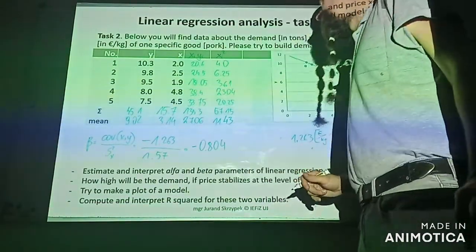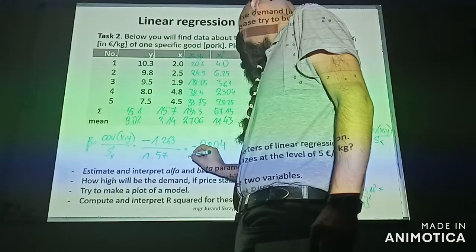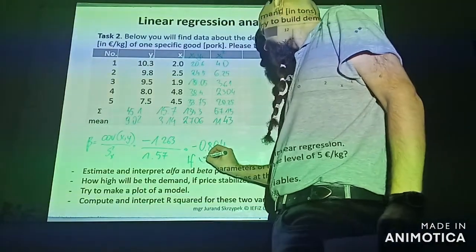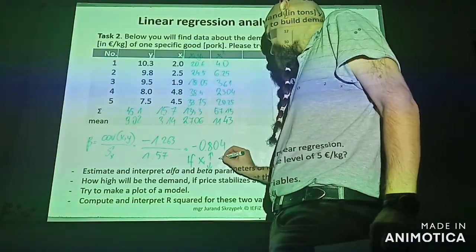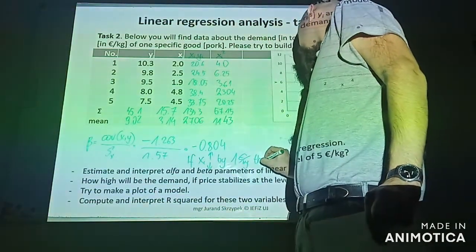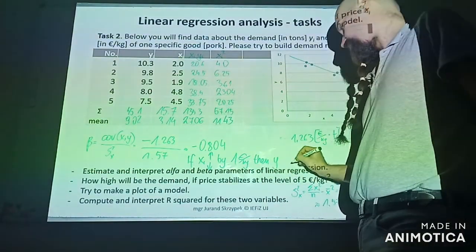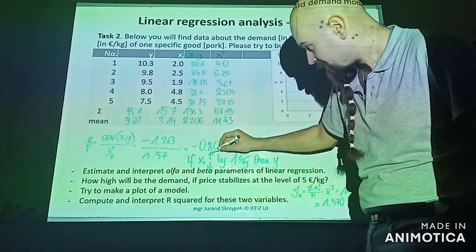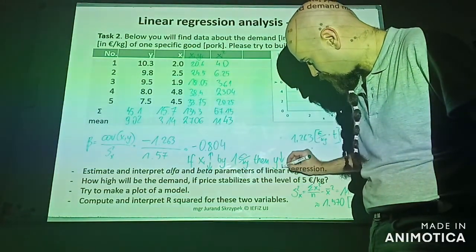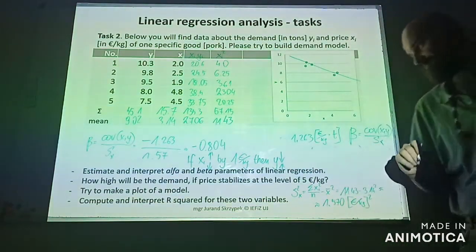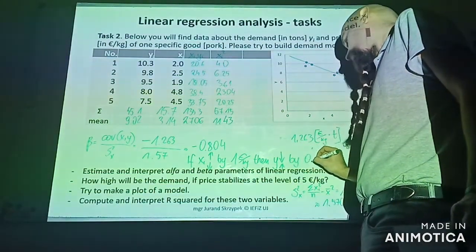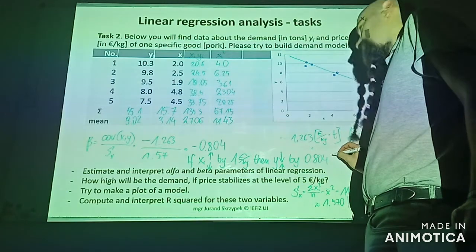What does it mean? If pork price xi increases or decreases by 1 euro per kilogram, then demand for pork decreases or increases, yes, by 0.804 tons.